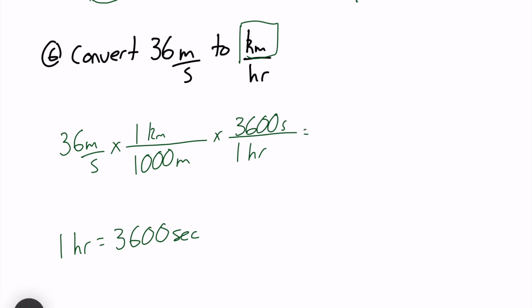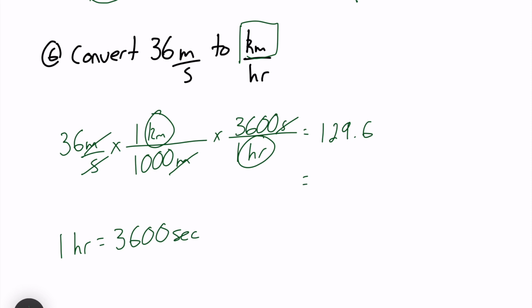Let's just make sure our units cross out here. We have seconds, seconds are crossed out, meters are crossed out, and we are left with kilometers per hour. Let's type this into our calculator. So 36 divided by 1,000, because it's on the bottom, multiplied by 3,600 because it's on the top, you should get 129.6.